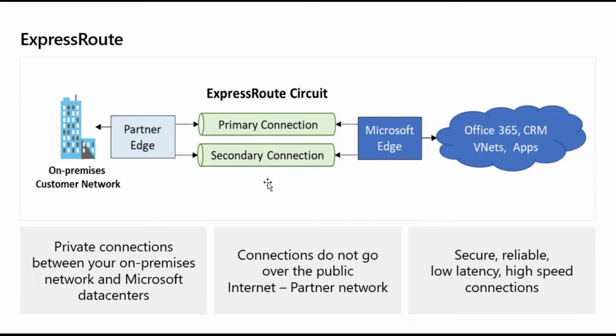Microsoft data centers are actually in Sydney and Melbourne. So if you select the data centers here or any parts of the world, that's also okay. From your office to their cloud, they can provide you ExpressRoute connections. The advantages are reliable, secured connections. You can get high-speed connectivity.